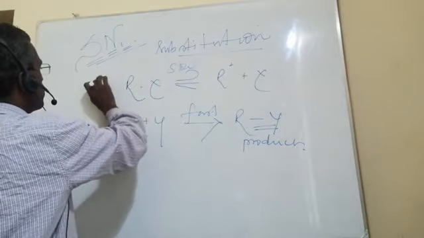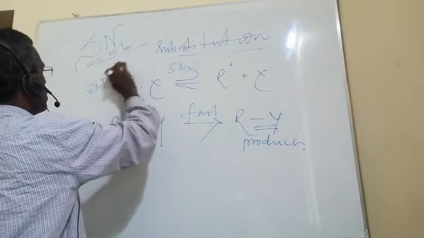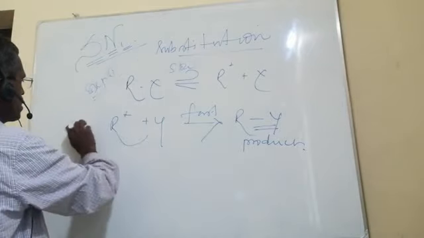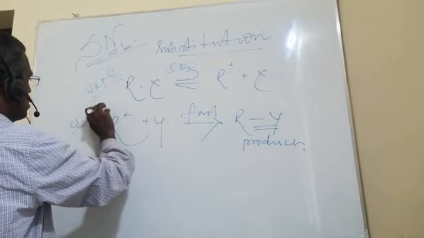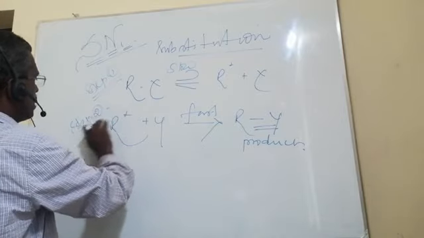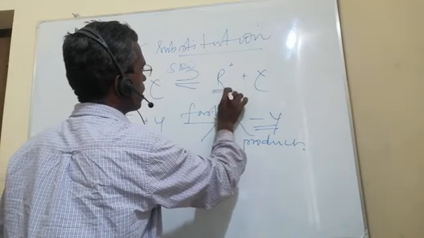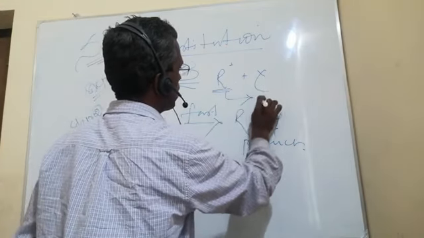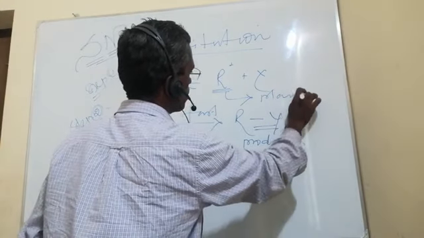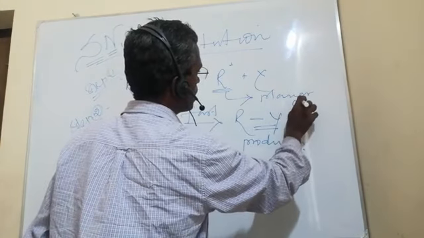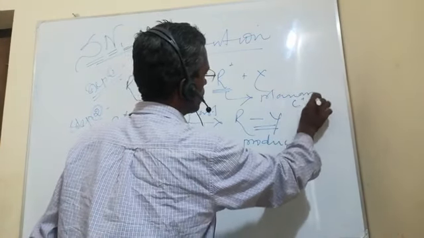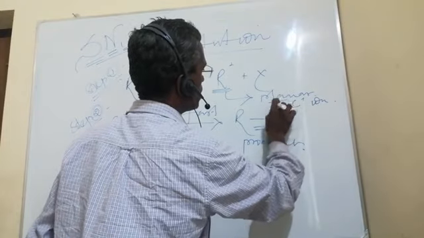So step number 1 is a slow step in which ionization of the substrate leads to the formation of the planar carbonium ion. The planar carbonium ion forms in step number 1.